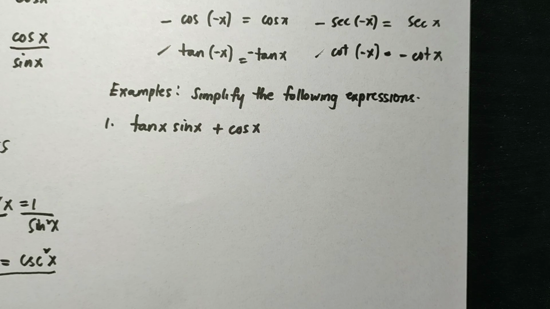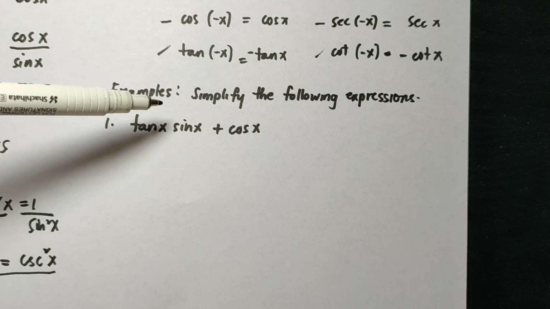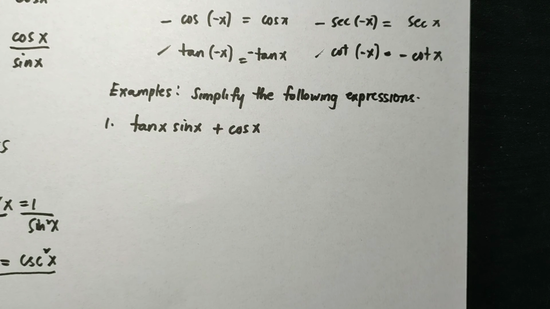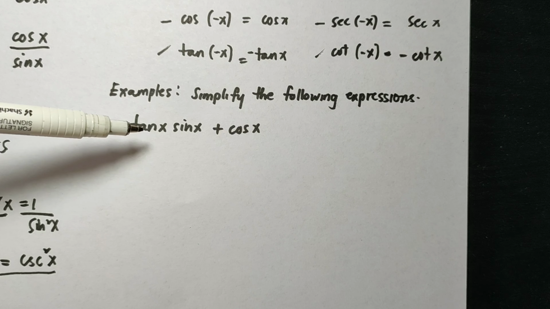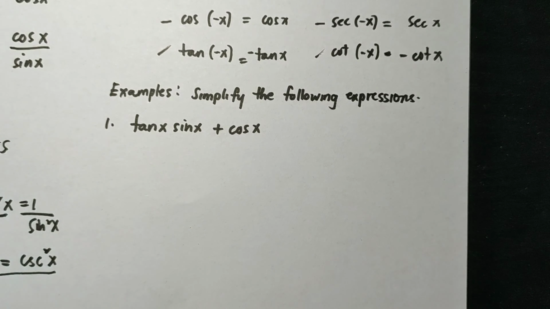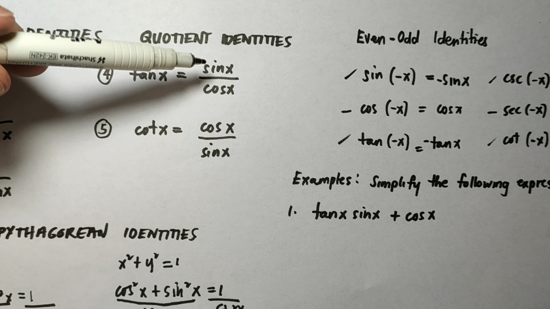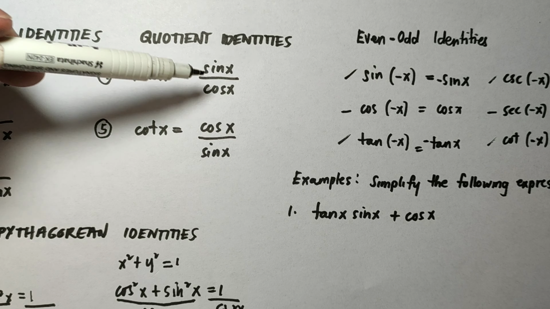Let us have an example. We need to simplify the expression tangent x sine x plus cosine x. The first thing that we are going to do is to write the tangent function in terms of the sine and cosine functions. From our quotient identity, we have tangent x equals sine x over cosine x.